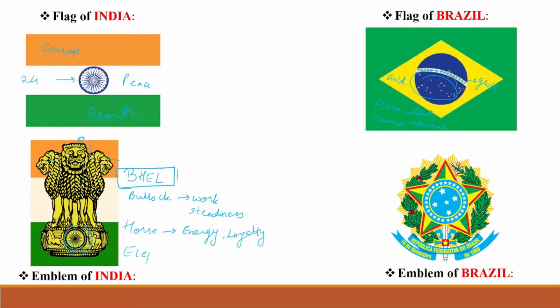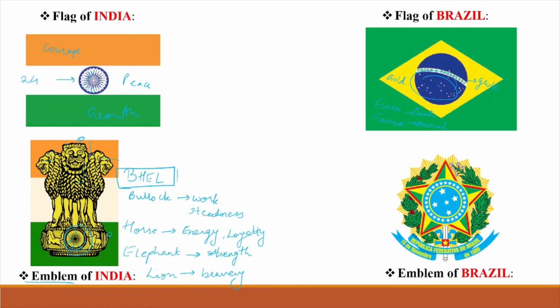E is for the elephant, that represents strength. And we have the lion. There's another lion over here down below on the back side that represents bravery.